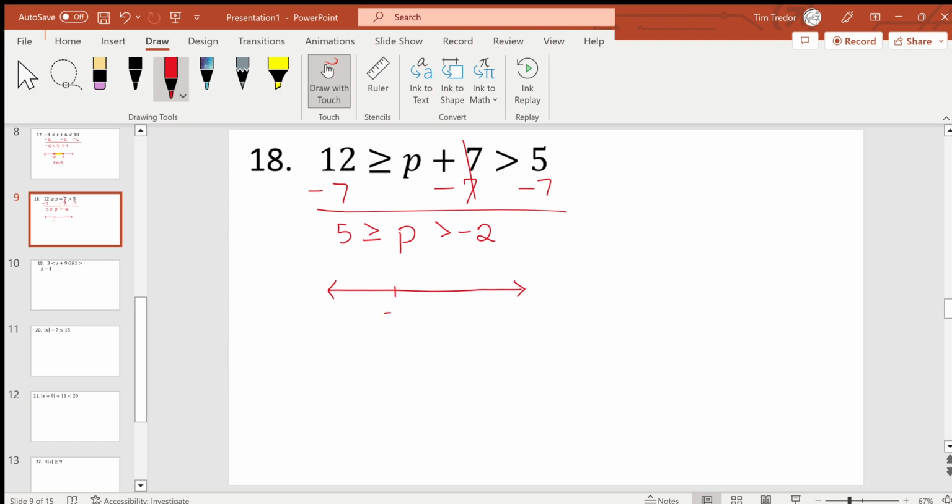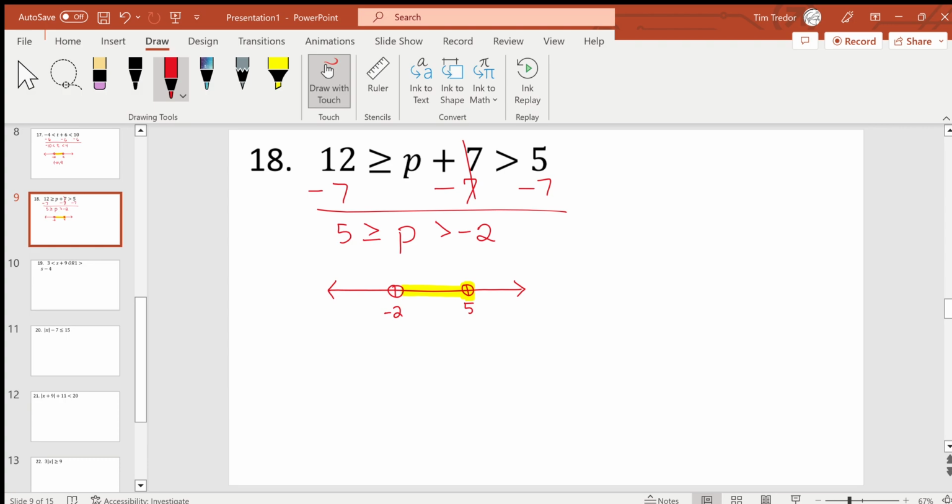So the -2 goes on the left, +5 goes on the right, and we'll shade greater than -2, and we're going to actually close the circle on +5 because it has the equal bar underneath the inequality.